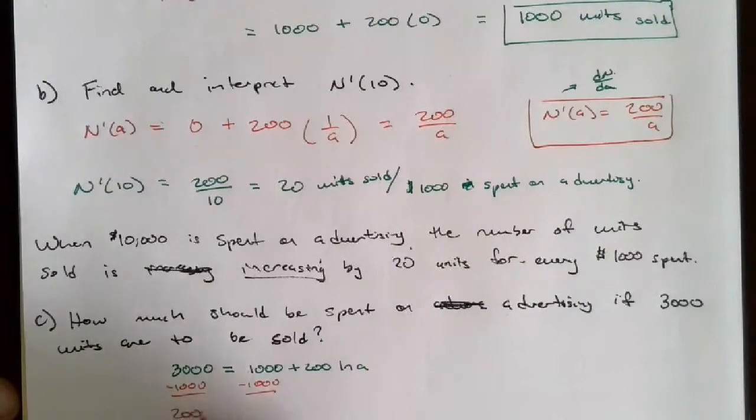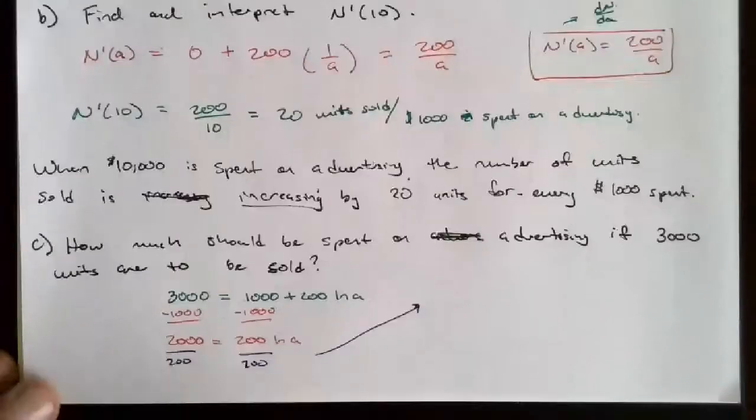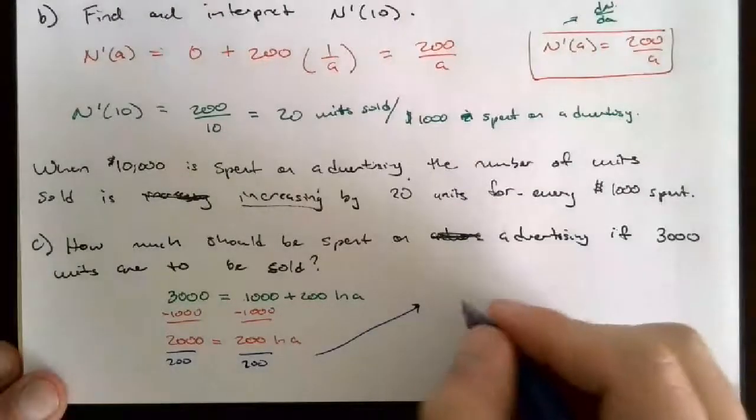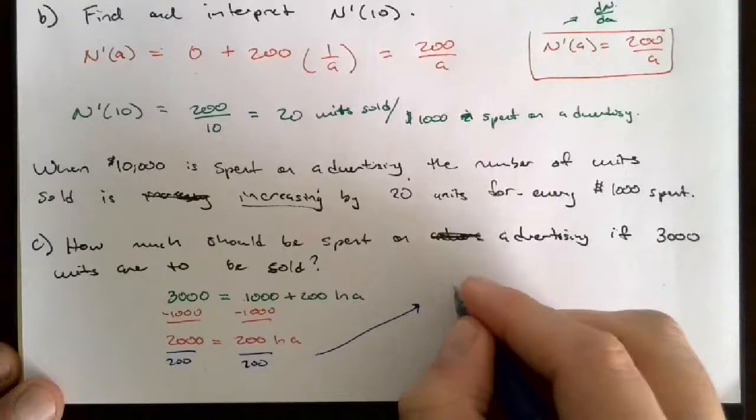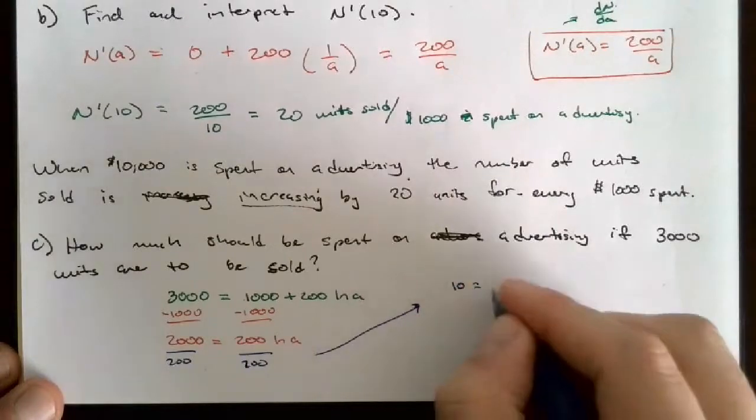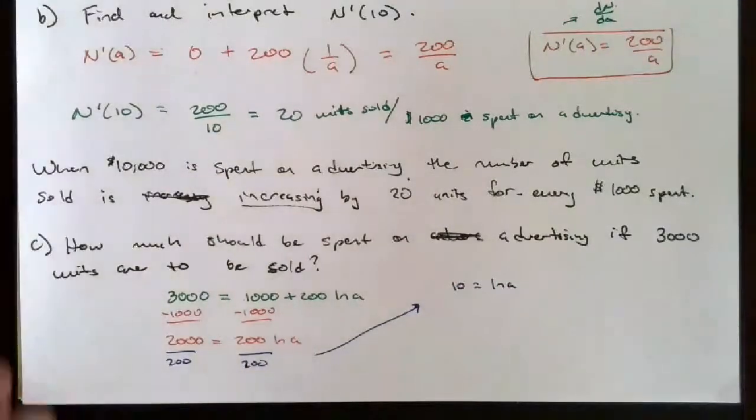So you'd have 2,000 equals 200 natural log of A. And then we'll divide both sides by 200 to isolate the natural log. Which will give us, 2,000 divided by 200 will just give us 10, equals natural log of A.